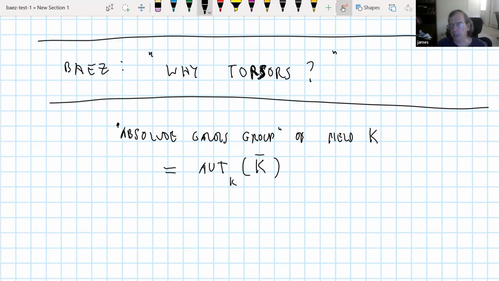Why am I saying that it's annoying? Well, because the category of actions of a profinite group is a little bit like lumping together all the different categories of actions of all these finite quotients of this profinite group. So it's like you're throwing everything in together, and it's more than you need, so it can get annoying in that sense.